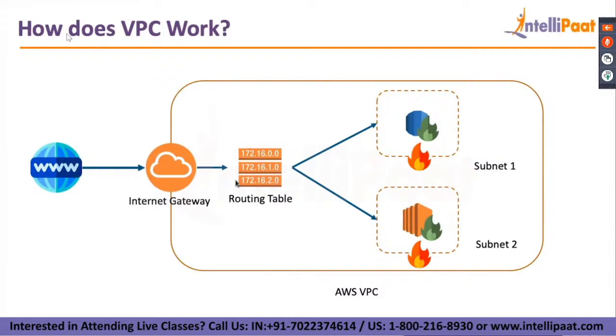Then we were able to access both subnets from the internet. Then we configured the two types of firewalls that we learned: first the network, or subnet level firewall, and then the instance level firewall.